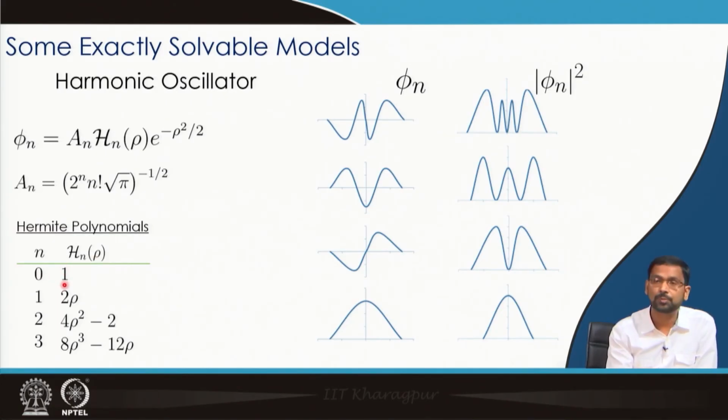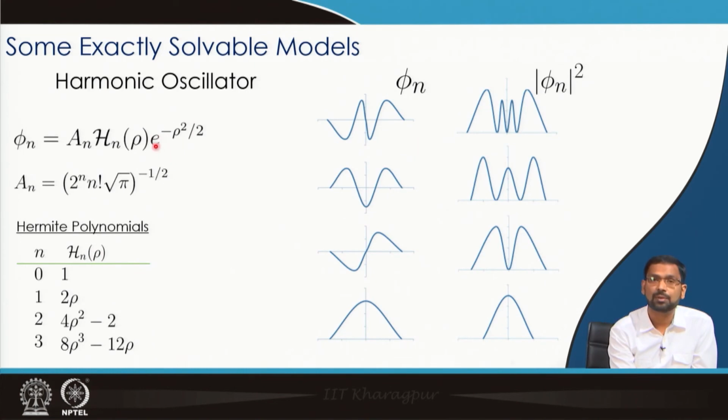The 0th order Hermite polynomial is simply 1, the first order Hermite polynomial is 2 rho, where rho is the coordinate, and the second and third orders are given here. So, the harmonic oscillator wave functions depend on these Hermite polynomials. We will come back to their effect.